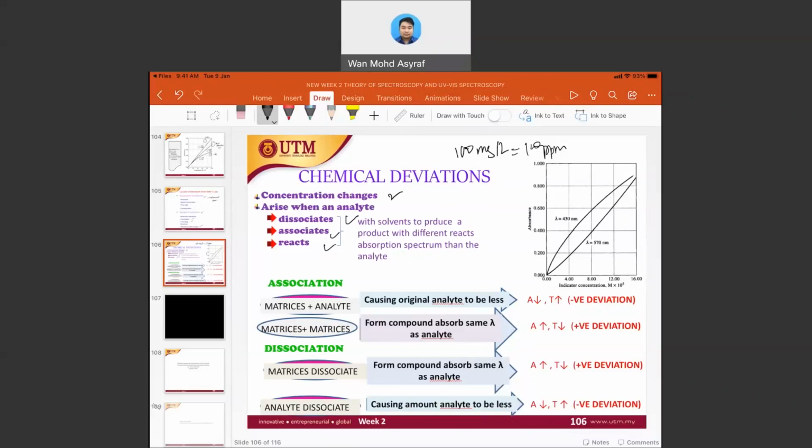For example, with associations between matrix and analyte, you can see that it's causing the original analyte to be less. Or even the interaction between matrix and matrices forms a compound that absorbs the same wavelength as the analyte. All of this will contribute to the concentration changes.